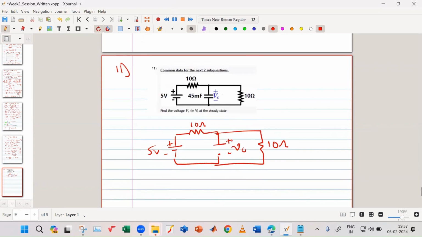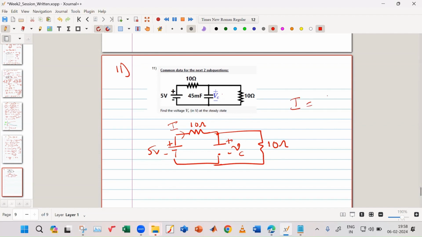So what is the voltage over here? Sorry, my writing was bad. Can you solve it and tell me what is the voltage over here? So what is the current?